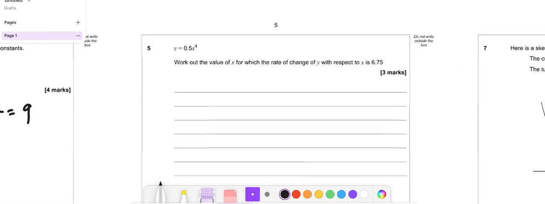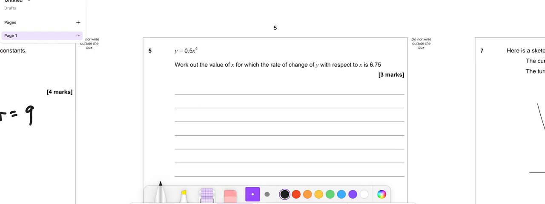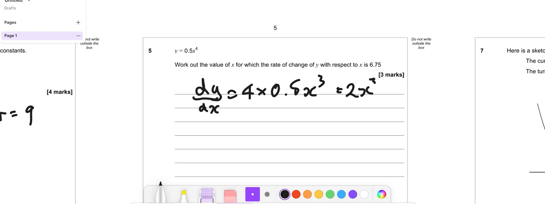Okay, work out the value of x for which the rate of change of y with respect to x is this. So all that is saying is dy by dx. So dy by dx is the rate of change of y with respect to x equals 4 times 0.5 x to the 3. In other words, 2x to the 3.